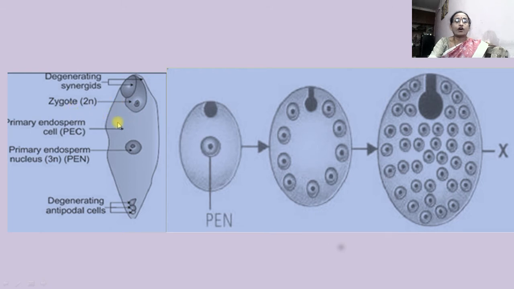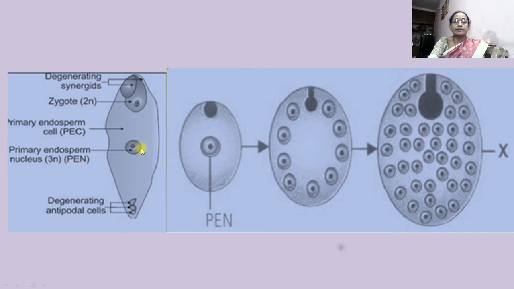At the center of this embryo sac is the primary endosperm cell and primary endosperm nucleus, which is triploid in nature, formed after the fertilization of the second male gamete with the secondary nucleus, and it is also called PEN.